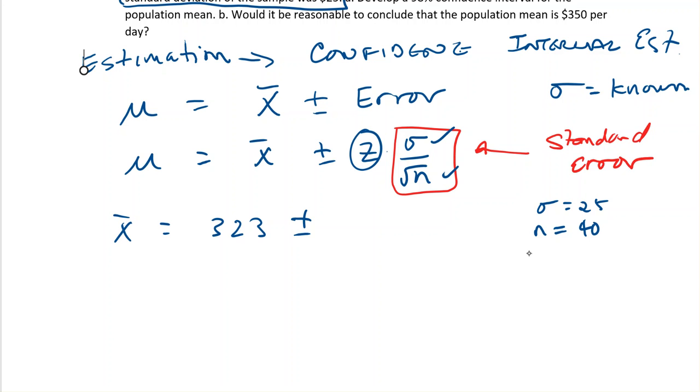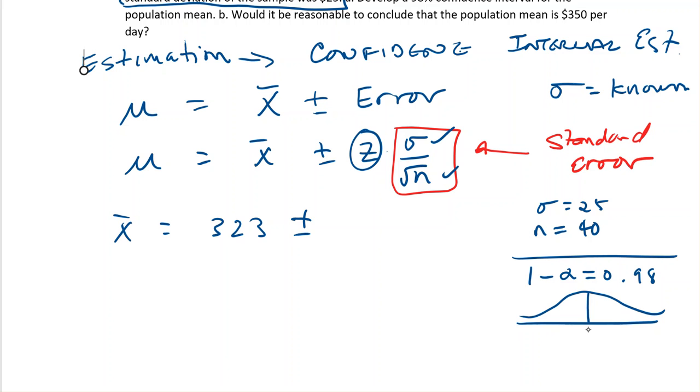We figure that out by, first of all, noting that we need 1 minus alpha equals 0.98. We call this the level of confidence, 1 minus alpha. When you draw it, you're confident that this area is 0.98, which means you're pretty sure it's in here.